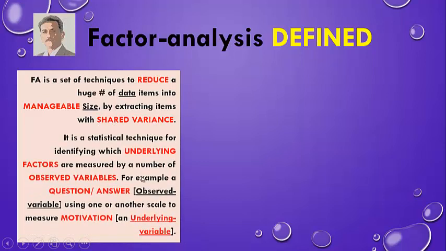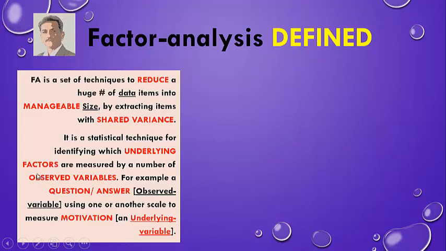It is a statistical technique for identifying which underlying factors are measured by a number of observed variables. Underlying factors refer to the variables that are used in social research, like leadership style, employee performance. So these are the underlying factors because these are not measured directly, rather through their attributes.